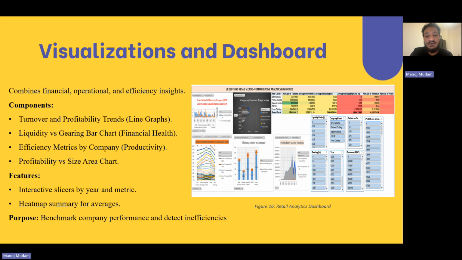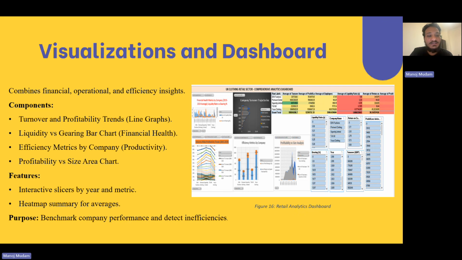The analytics dashboard is a combination of both descriptive and predictive results with a straightforward interactive interface to show turnover, profit trends, liquidity, gearing, as well as profitability by size in area charts.